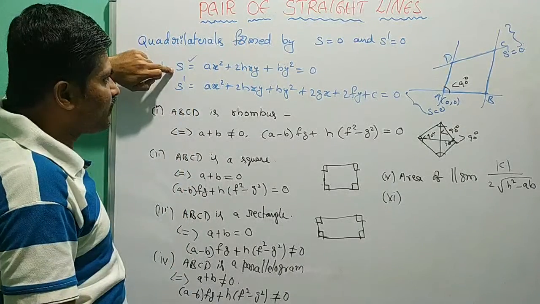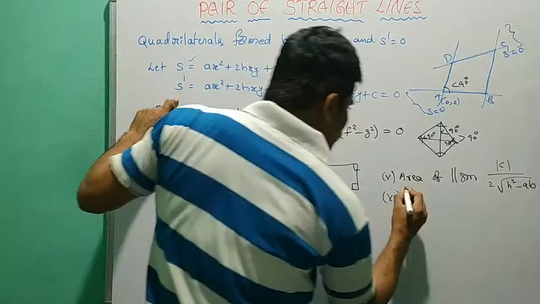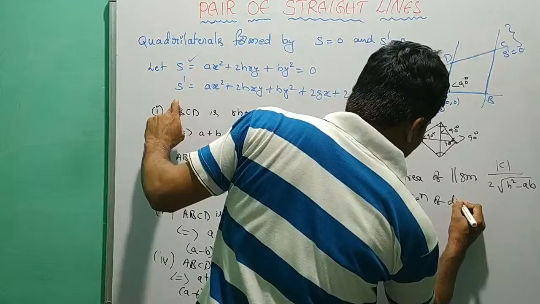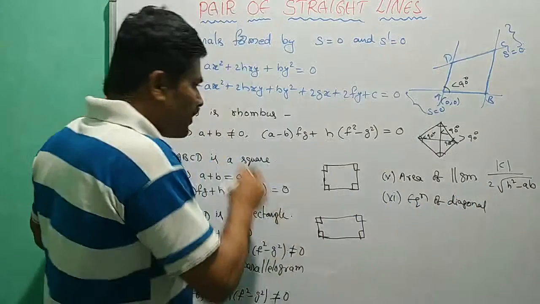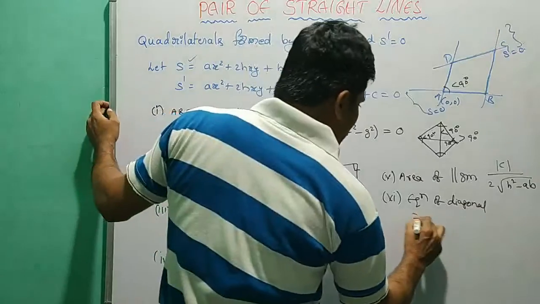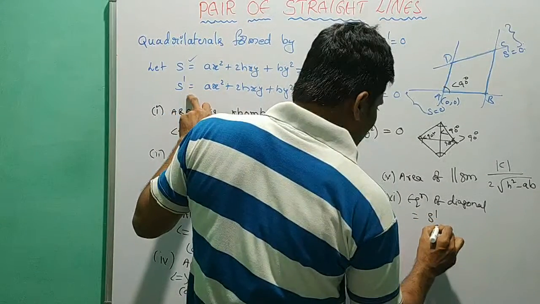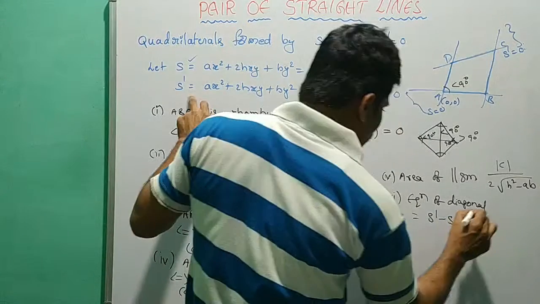We get the equation of the diagonal from the difference between s dash and s, that is s dash minus s equal to 0.